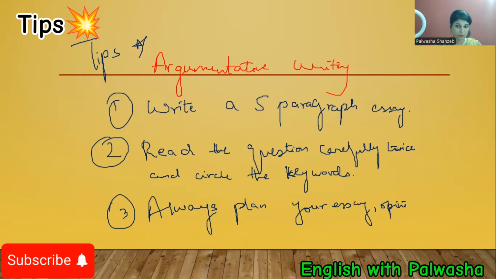Your opinion which you're going to give is quite important, and your topic sentence. If you decide your topic sentence, then you will be able to easily create a paragraph on it in a proper manner. So these are the three important tips which I'm giving you in argumentative writing, how to structure it.